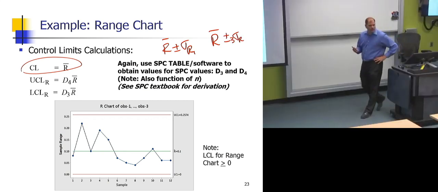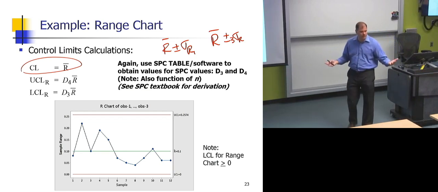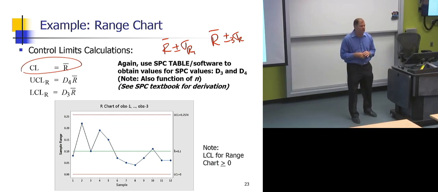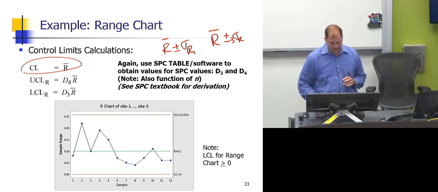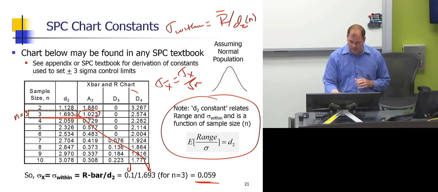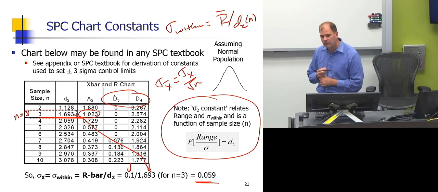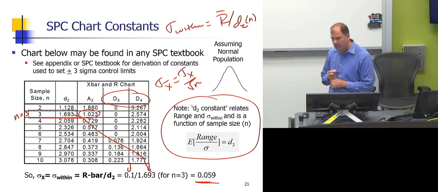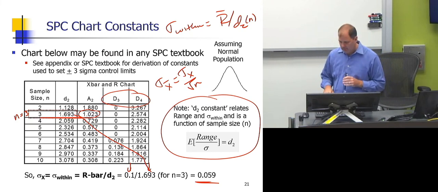Now to get 3 sigma r, I'm going to use some other assumptions. So yada, yada, yada. I'm not going to go through the proof, but it works its way into a D3 or a D4. These are constant terms from this same table. And I get control limits.